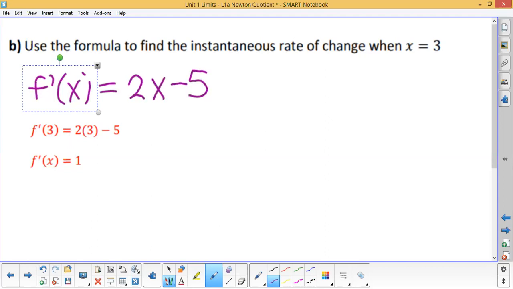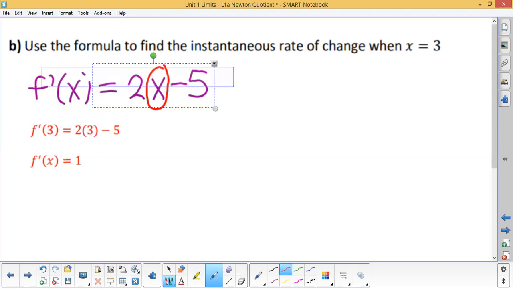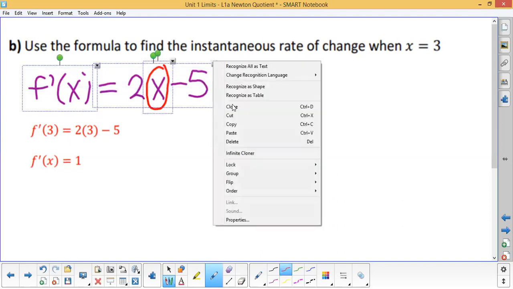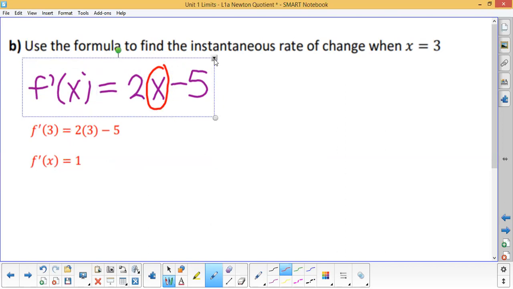And instead of my x, I'm simply substituting exactly what the question called for. So instead of 2x minus 5, I have 2 times 3 minus 5. So the instantaneous rate of change when x is equal to 3 will be equal to 1.